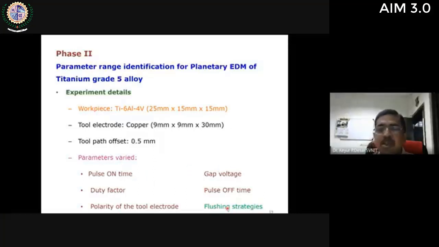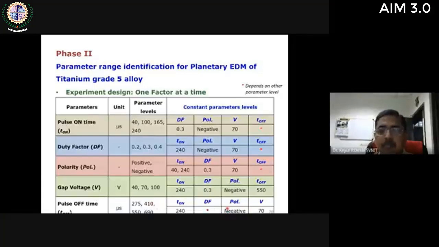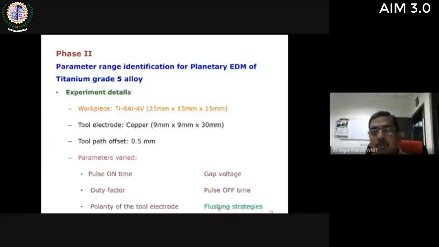As far as the flushing strategies are concerned, in normal operating condition, we flush the surface using an appropriate nozzle through which pressurized dielectric fluid flows, and that cleans the surface and removes the debris or products of machining.